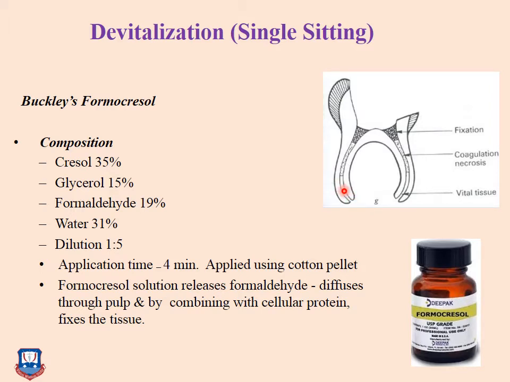So what happens? Formocresol solution releases formaldehyde, and this diffuses through the pulp by combining with the cellular protein, and which fixes the tissue. So what I have already explained here is that once you apply formocresol, it releases formaldehyde, and this formaldehyde diffuses through the pulp and combines with the proteins to fix the tissue.